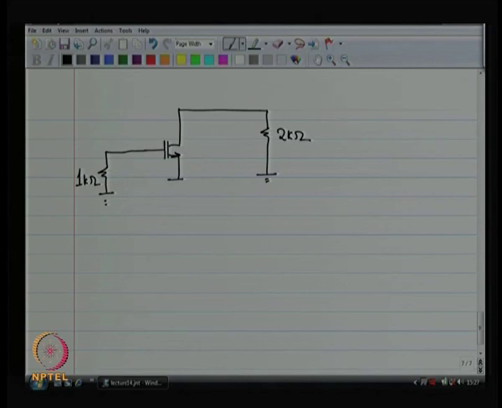This is what we have got, and I need to find out the resistance seen between these two terminals. So, I apply a voltage source between these two terminals and see what is the current going through, right. Now, before I do that, I would like to redraw my circuit with a change in the ground terminal.